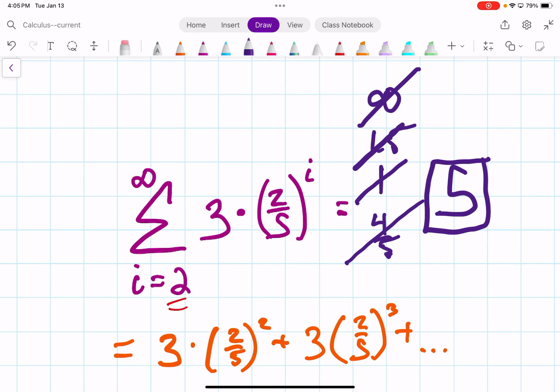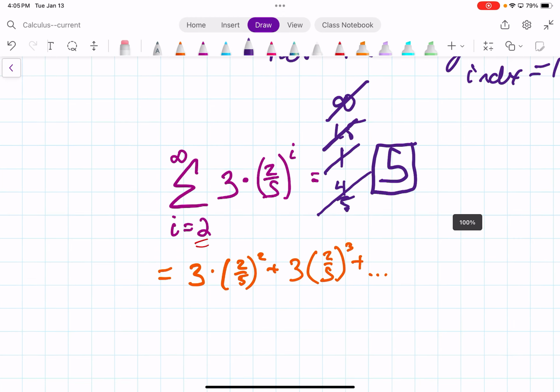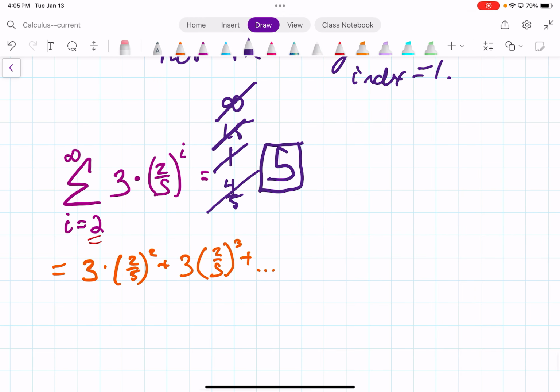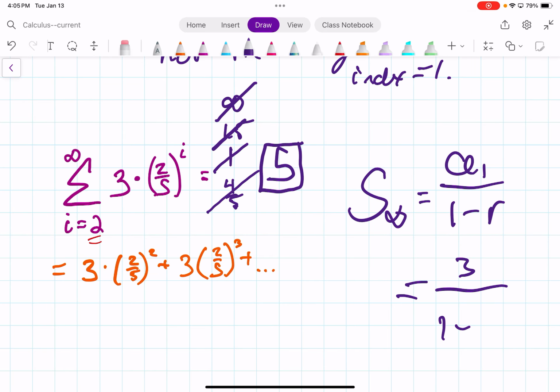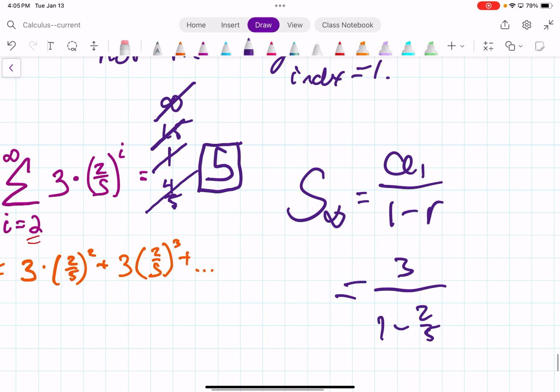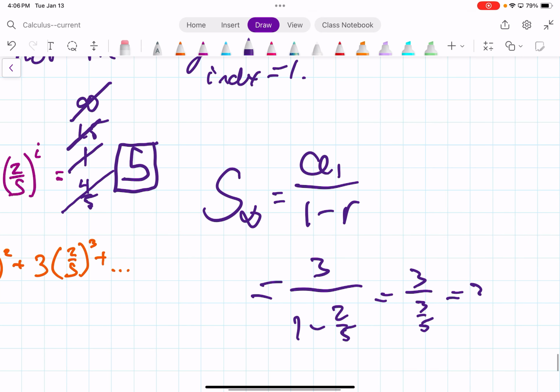Is it because it's like that S of infinity where it's A1 over 1 minus R? If I did, A1 is 3 and R is 2 over 5, so it would be 3 divided by 1 minus 2/5, which is 3 over 3/5, which is 3 times 5 divided by 3, so 15 divided by 3 is 5.